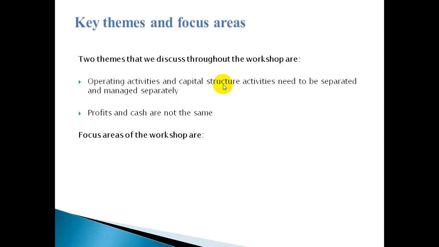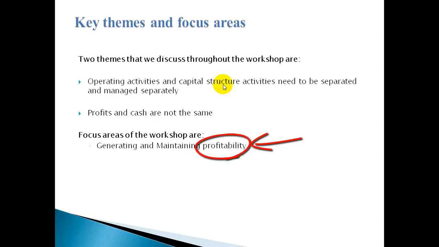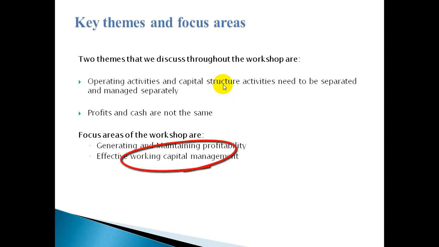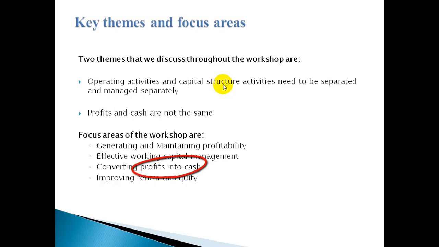The focus areas of the workshop: we're going to focus on generating and maintaining profitability. If you're not making profits, you shouldn't be in business. You're not efficient enough. So we've got to generate, and then maintain and improve profitability. We're going to look at working capital management, because it's via working capital management that we turn profitability into cash, which is really about converting profits into cash.